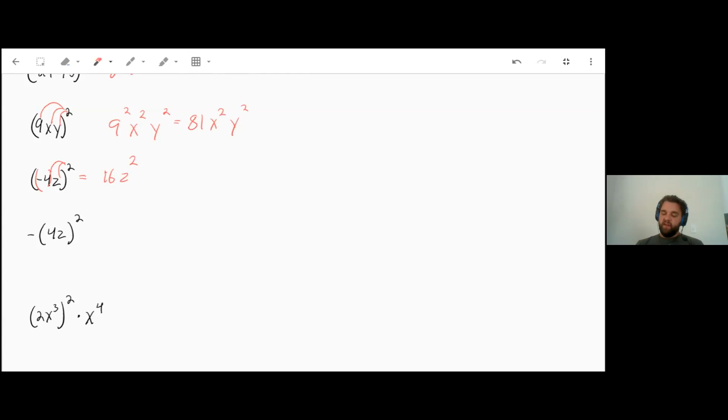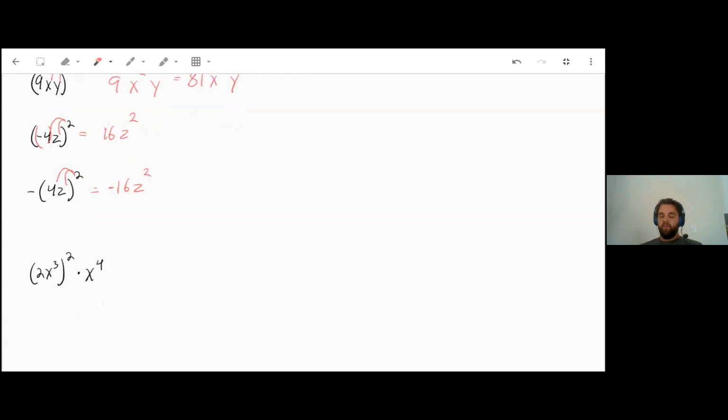What's different than in this next example is the negative is on the outside. So when we bring our squared in, 4 squared will give us a positive 16, z squared will be z squared, and then that negative will come into play out in front because it multiplies in at the end, so we have a negative 16z squared. So even though our answers are similar, the difference is because they were written using a different format.